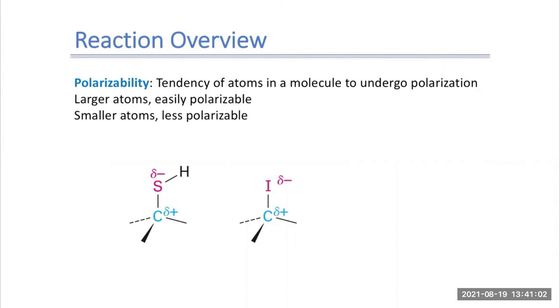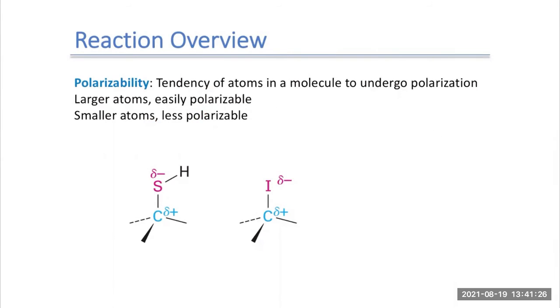Before we get into the actual reactions and mechanisms, I want to get into a couple more definitions. First, we're going to look at polarizability. Polarizability is the tendency of an atom in a molecule to undergo polarization. Large atoms are easily polarizable. Small atoms, not so easily.